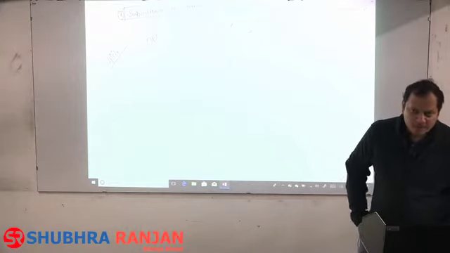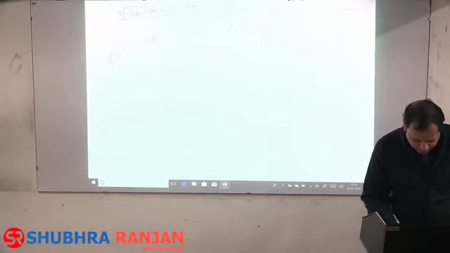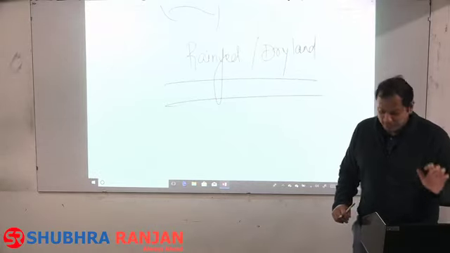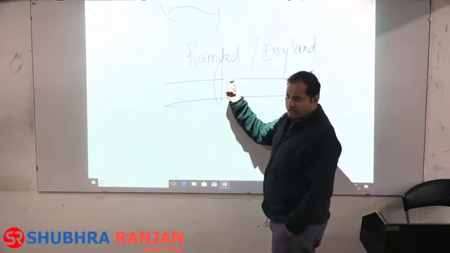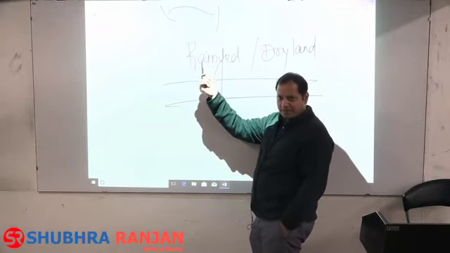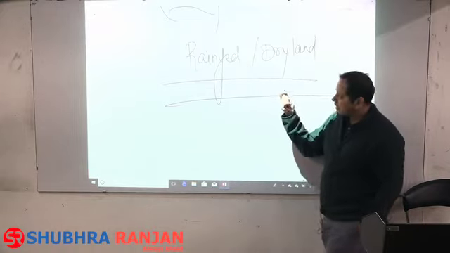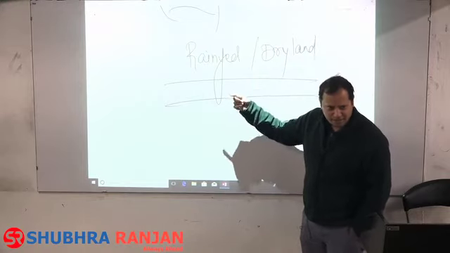And therefore, farming is either rain-fed or dry land agriculture. You will understand this tomorrow. What do you mean by rain-fed farming? It is totally dependent on rainfall. What is dry land agriculture? It is dependent on rainfall, but the rainfall is not sufficient for agricultural crops.